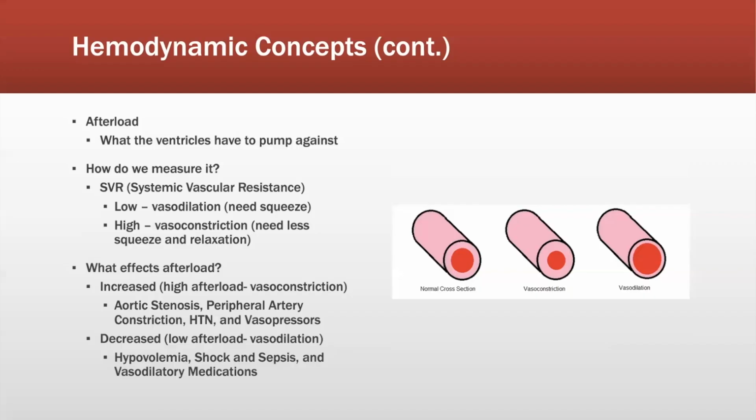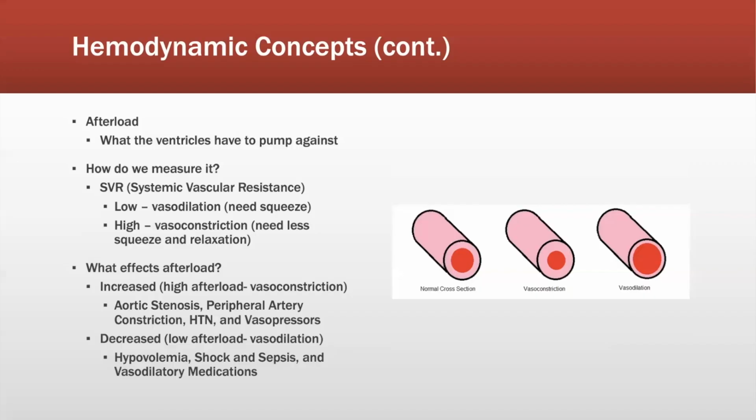So our heart is pumping against either normal veins that aren't vasodilated or constricted, or really tight, narrow vasoconstricted veins, or big, wide vasodilated veins. So what do you think is going to be harder for your heart to pump against?